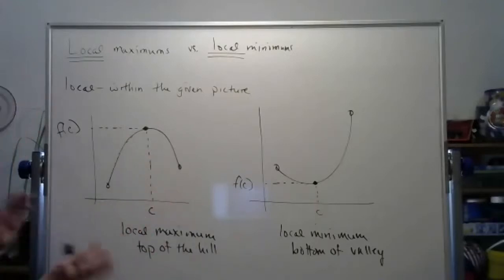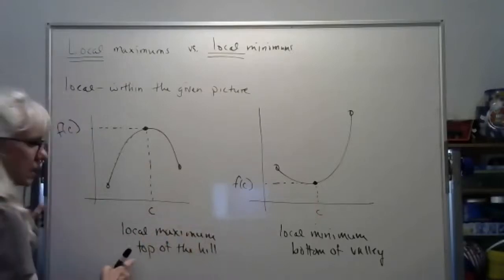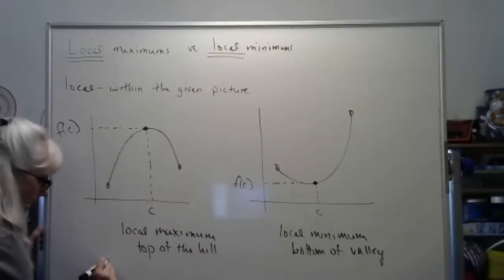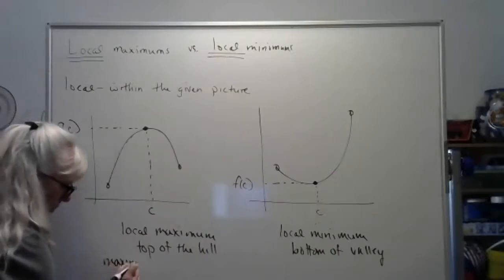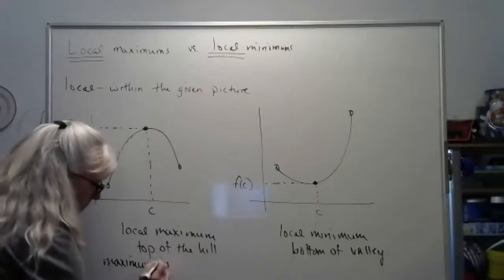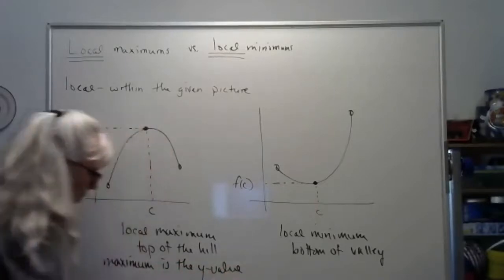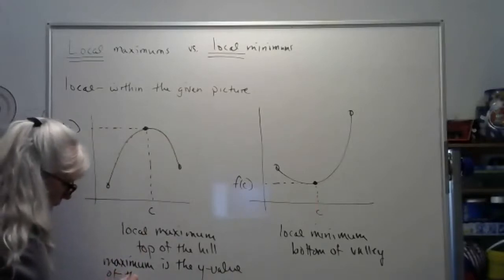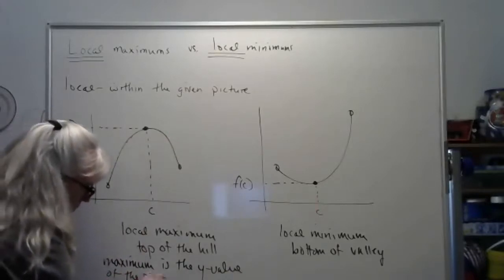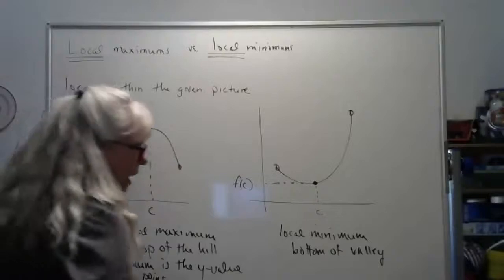The one thing you want to be really, really careful about is that the maximum itself is the y value. So the max is the y value of the point. Same with the minimum, it's the y value.